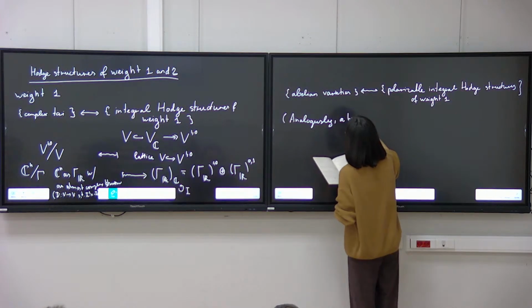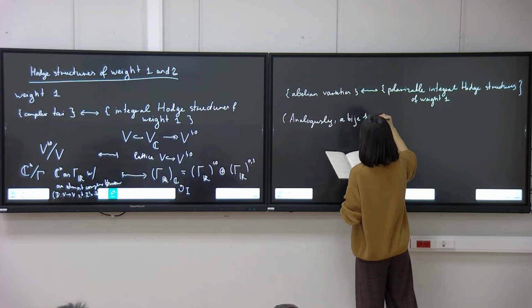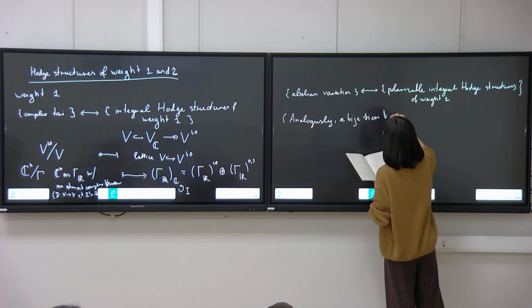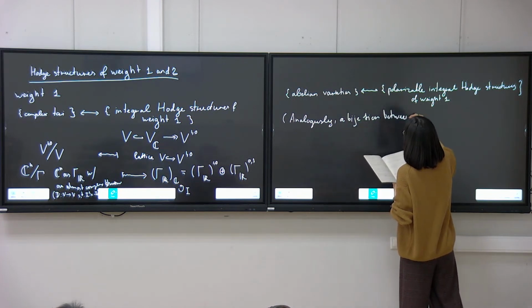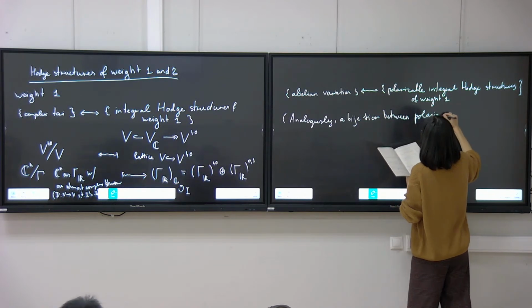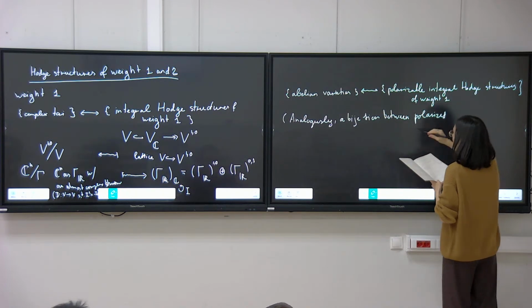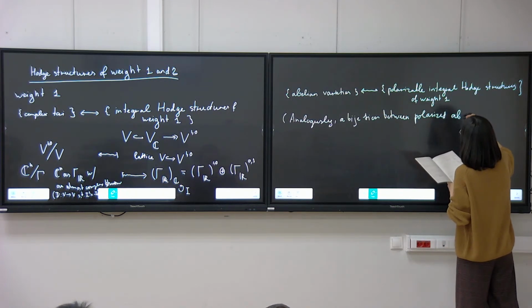There is a bijection between polarized abelian varieties and polarized integral Hodge structures. There is a difference between polarizable and polarized.